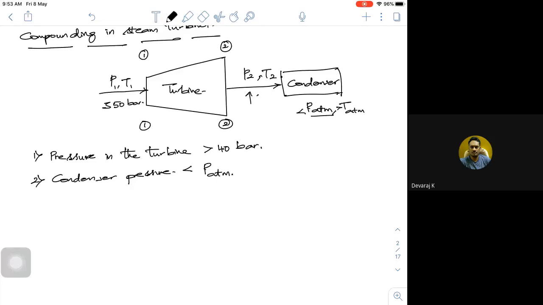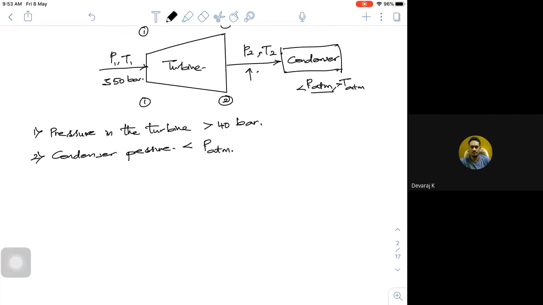Also, what is the velocity with which the steam will be entering? The operating velocities I'm looking at are roughly greater than around 1200 to 2400 meters per second.